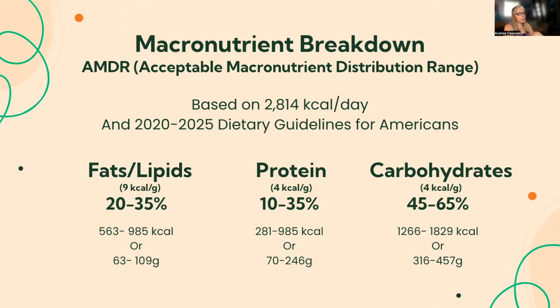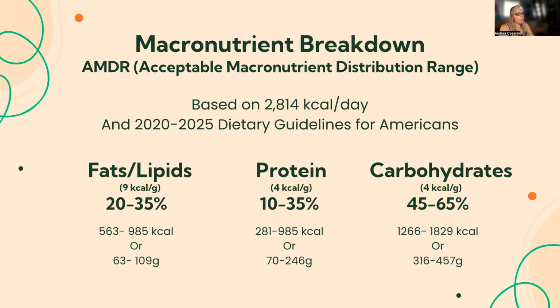And these numbers are pulled from the 2020 to 2025 dietary guidelines for Americans, which are fats about 20 to 35% a day, protein 10 to 35%, and carbohydrates 45 to 65%. You'll see different numbers floating around. The NIH is a little bit different. The fats and protein numbers are a little lower, carbohydrate a little bit higher.